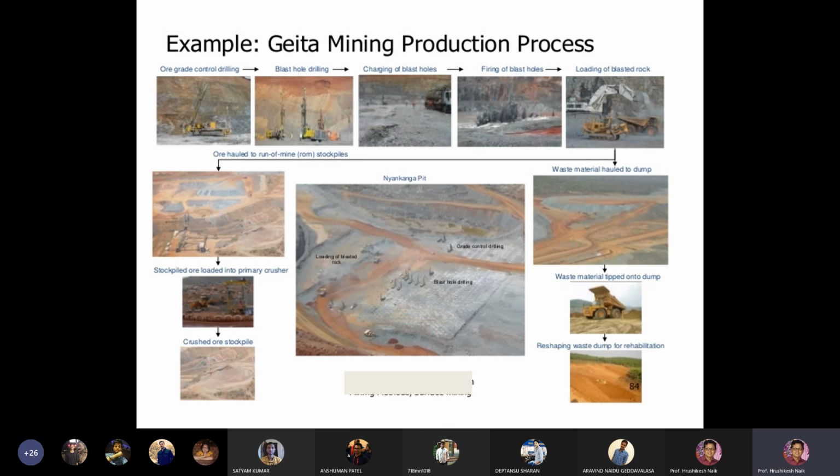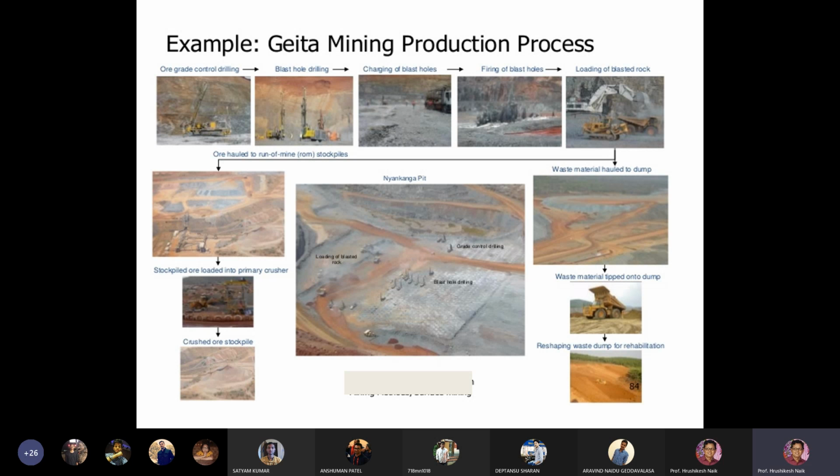So this is the example of a mining production process, starting from ore grade control drilling to blast hole drilling, charging of the blast holes, firing of the blast holes, and loading of the blasted rock by a hydraulic shovel to the dumpers.